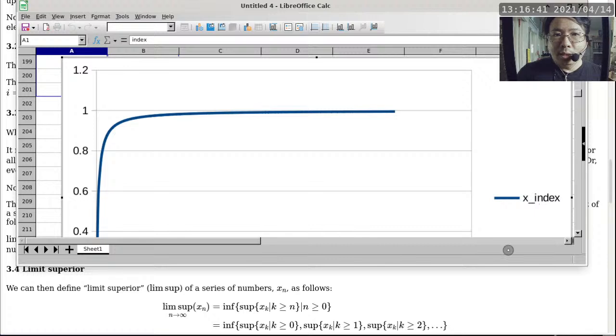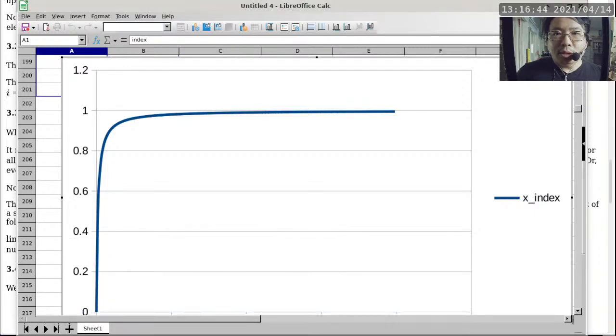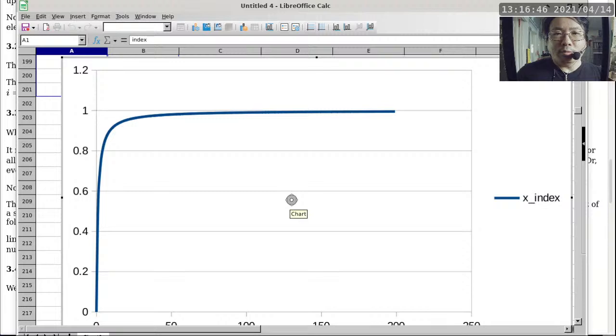There we go. All right, so when you look at a chart, that makes it kind of clear what we're dealing with here, because you can see how this line is getting closer and closer to 1. Even without telling you what formula I used for the numbers in the sequence, just looking at the trend, people would go, oh, okay, it is getting closer and closer to 1.